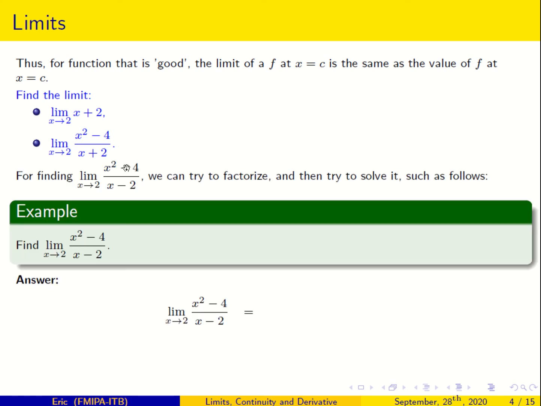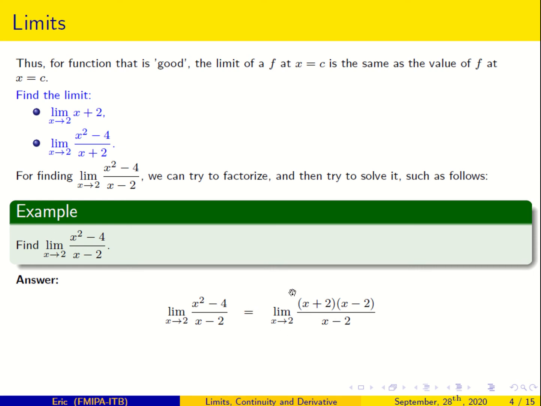Okay. What about this one? It is not defined when x equals 2. So when we want to find the limit as x goes to 2, we can try to factorize it, then try to solve it. So I factorize x squared minus 4: x plus 2 times x minus 2, divided by x minus 2.